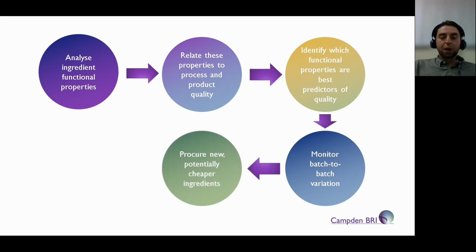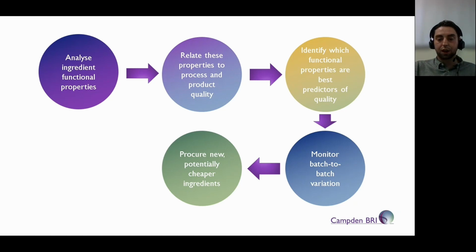You may be looking at finding different suppliers of potentially cheaper ingredients, but when doing so, you need to be sure that you're not going to change the process or reduce the final product quality. So you need to understand what parameters, what functional properties of that ingredient are important to your product. And the key message is that this is very specific to your process and your product.